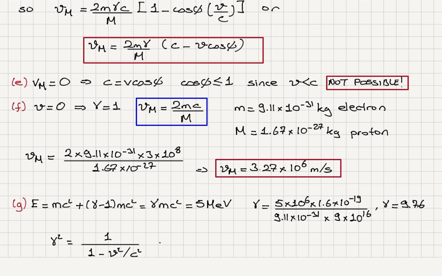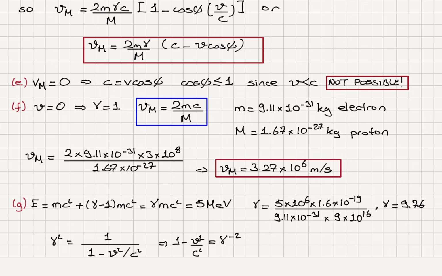So this implies 1 minus v square over c square is gamma to the power minus 2. Okay, so if you multiply this with c square, c square minus v square over c square is gamma to minus 2.